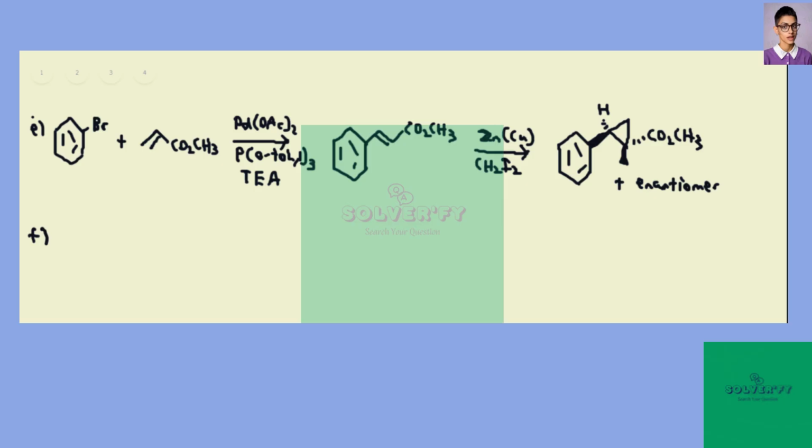Okay, and lastly, part F. So for part F, again, we're going to take advantage of the lithium copper chemistry that we learned in this chapter. So again, treatment with lithium and then copper iodide.